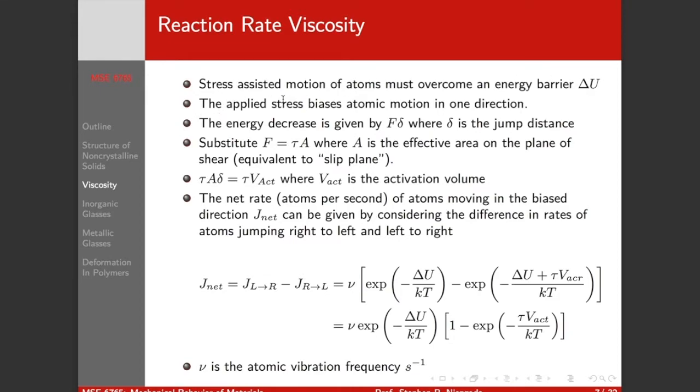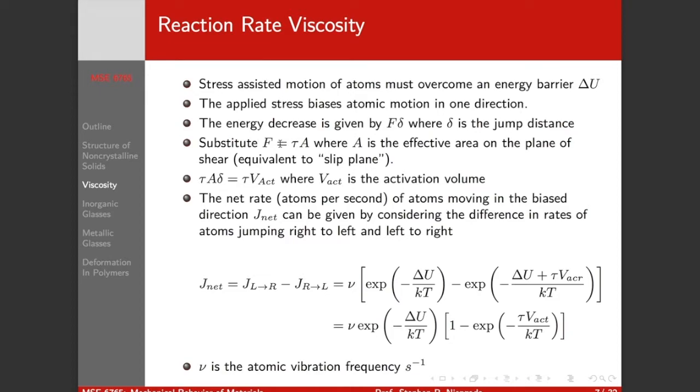And the stress is going to bias the atomic motion in one direction over the other direction, right? It's effectively, the stress is reducing the activation energy, the activation barrier to make the jump, or effectively reducing the activation energy to make the jump.